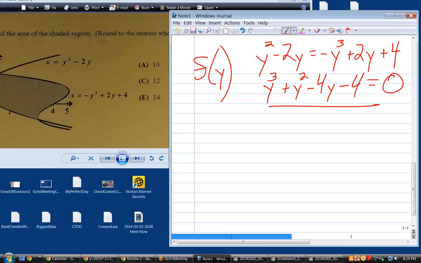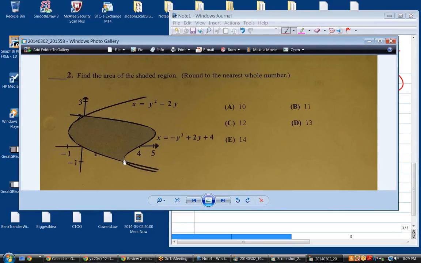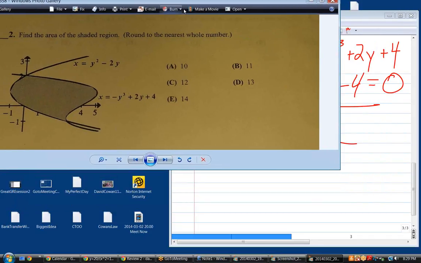Yeah, I got negative 1 and then 2. So this is the negative 1, and there's 2. Actually, they gave them to us. I wasn't looking at the figure. So we didn't have to solve for it, but we could have.